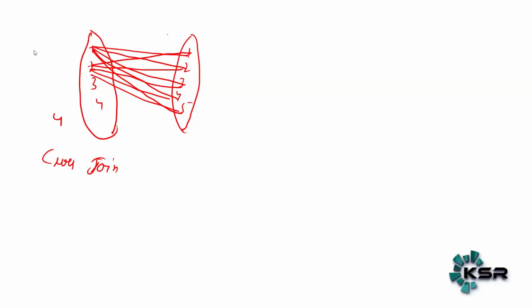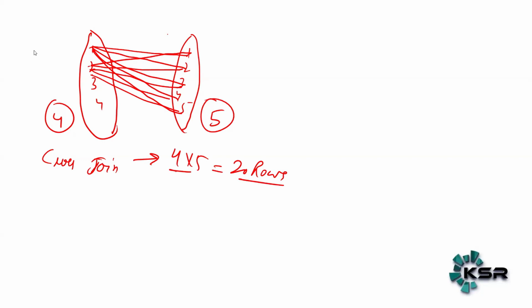Suppose this table has 4 rows and this table has 5 rows. How many rows will you get in the resultant table? 4 into 5 is equal to 20 rows. Got the concept? Okay. So this is cross join.